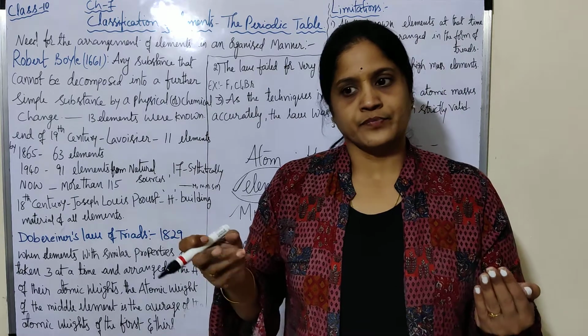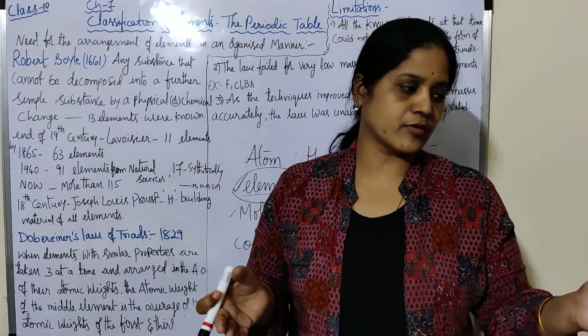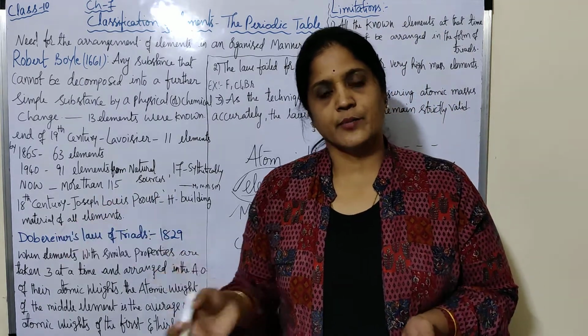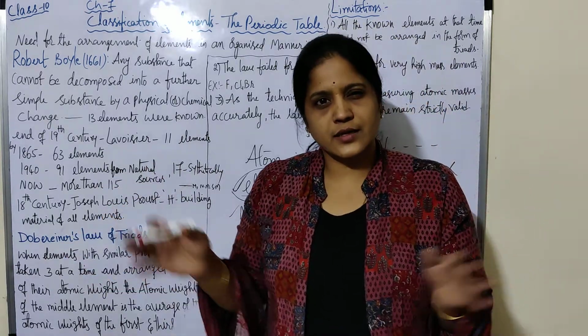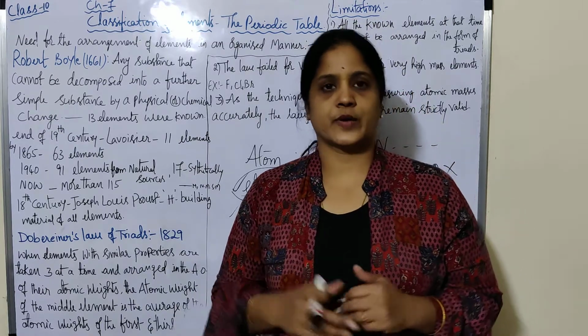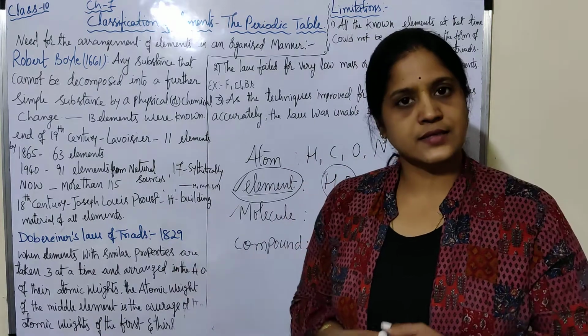For example, all the fruits are on one side, vegetables on one side, milk products on one side, grocery items on one side. They arrange all the things in the supermarket like that.